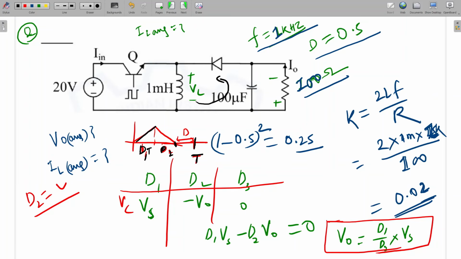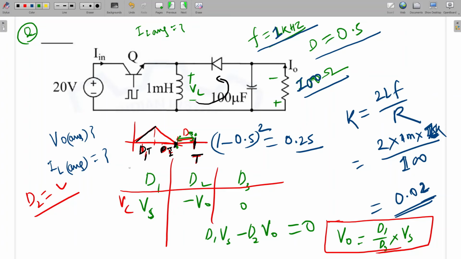So this is D1T, this is D2T: the on time, the charging time, and the discharging time. If it discharged up to the full time period, we could say it is the boundary of continuous and discontinuous. But it discharges before that. The time period for which the inductor current is zero, I am calling D3. Is it clear?